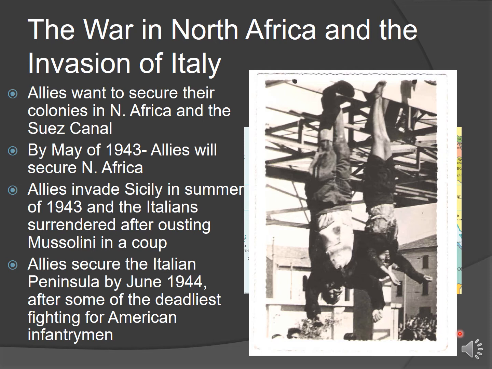Of course, we don't have any proof that that was actually what happened, but that is what the official story is. So anyway, the Italian peninsula secured by June of 1944.